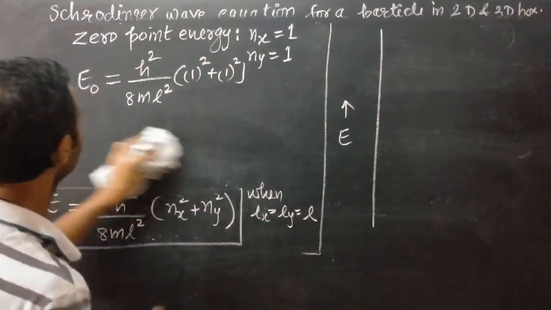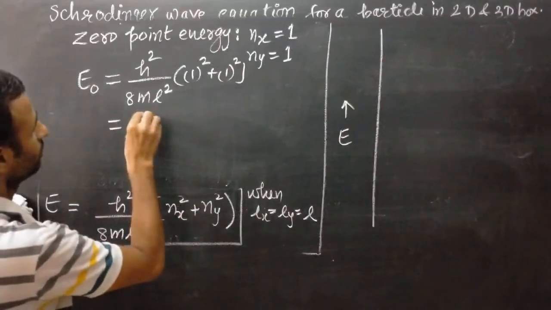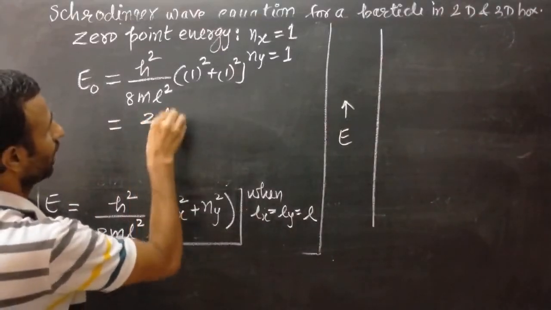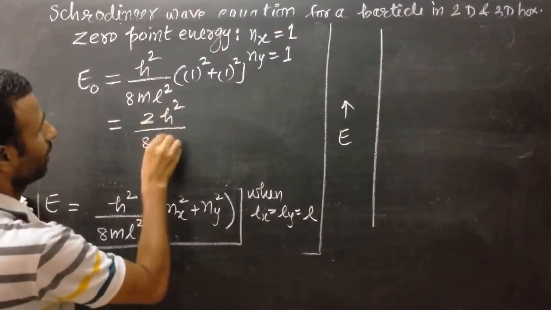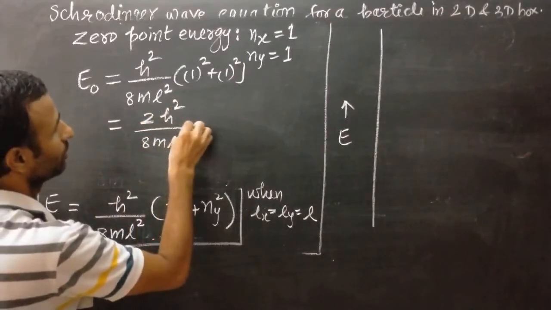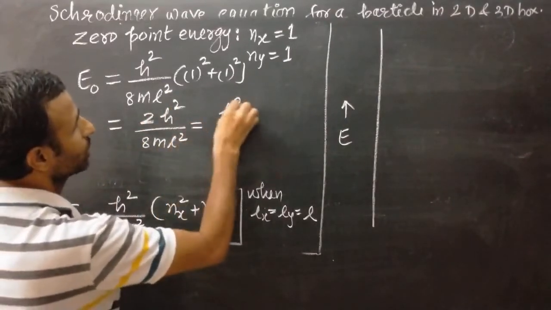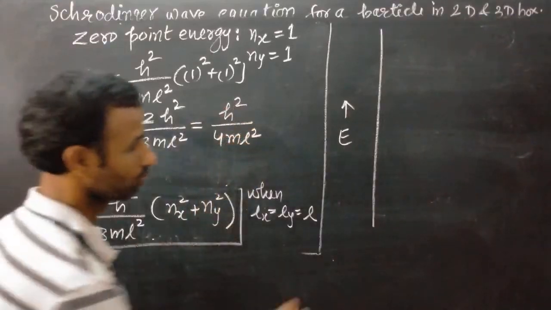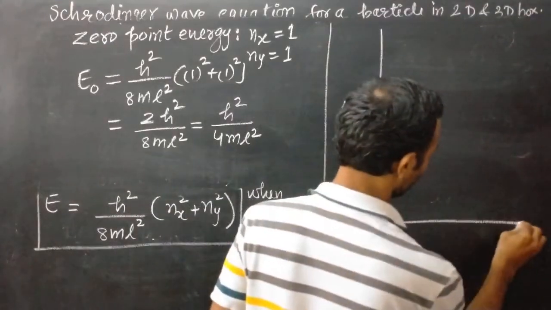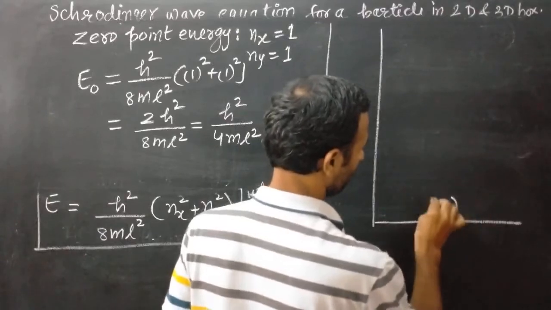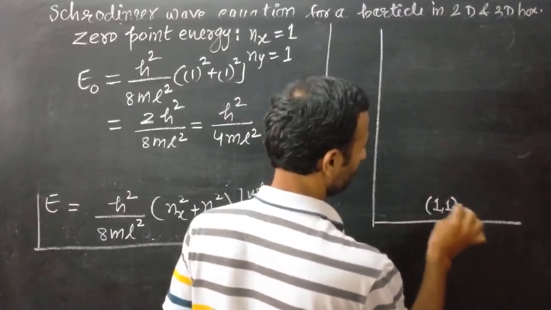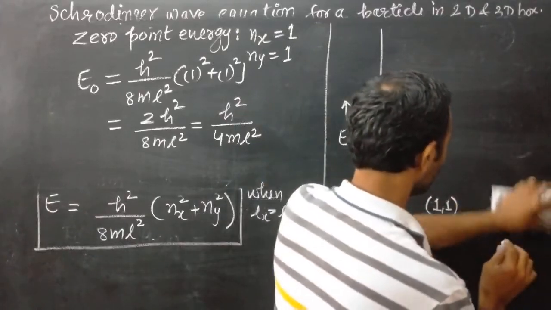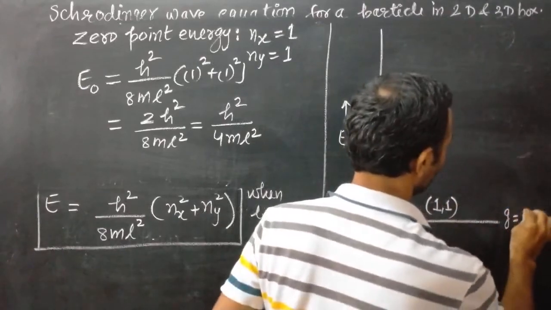So the value is 2h²/8mL², right? That is equal to h²/4mL². So this is the minimum energy, and the degeneracy of this state is equal to 1.